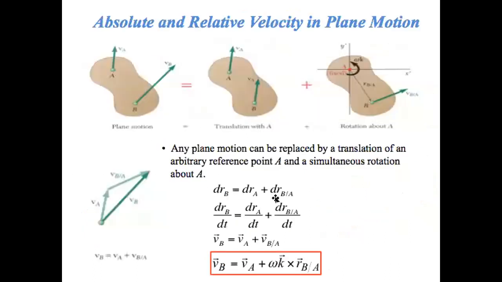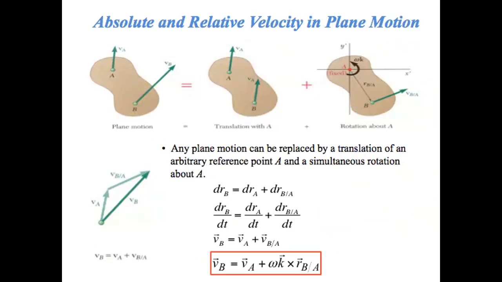Now look at this equation. If we take the time derivative of this equation, we get this equation for linear velocity for any two arbitrary particles in the same rigid body that is undergoing general plane motion.